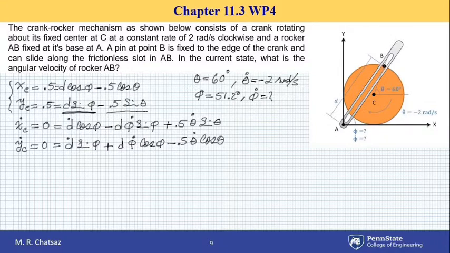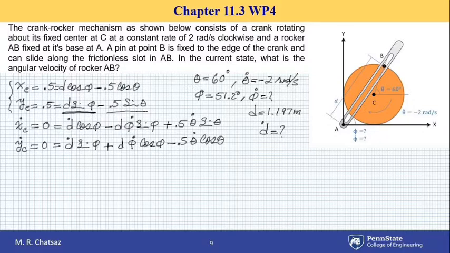That's what we're after. D we found from the previous page to be 1.197 meters, and d dot is the other unknown we're after. In other words, observe that in these two equations, d dot and phi dot are unknown. Everything else has a numerical value.